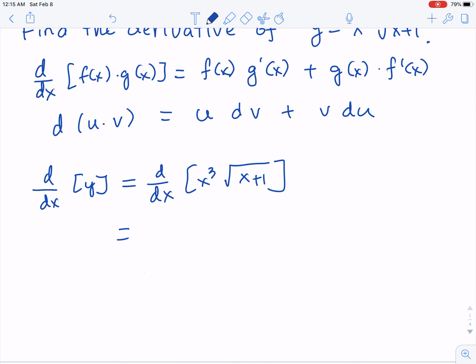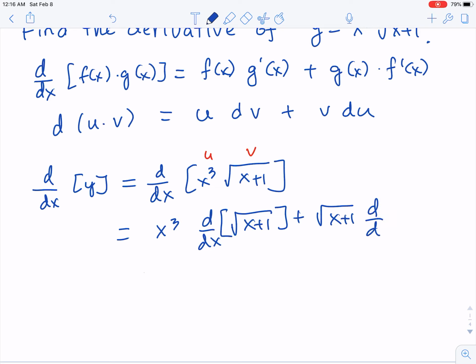Di ba x cubed? Ito yung v. So u, derivative of v: x cubed, and then derivative of v, square root of x plus 1, plus v, square root of x plus 1 times the derivative of u, which is x cubed.